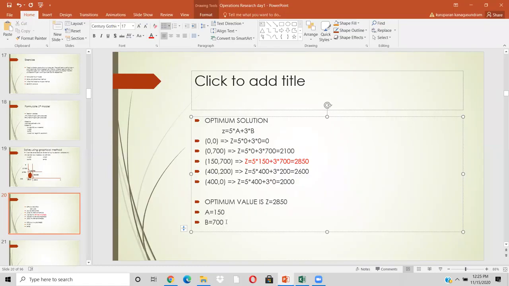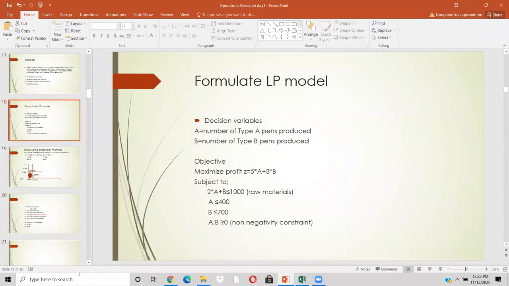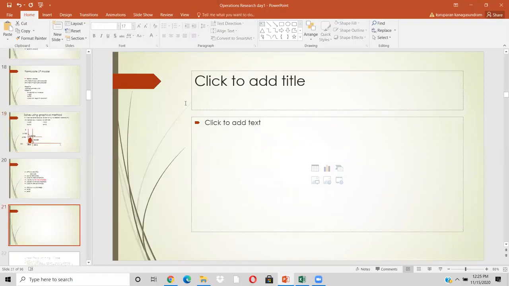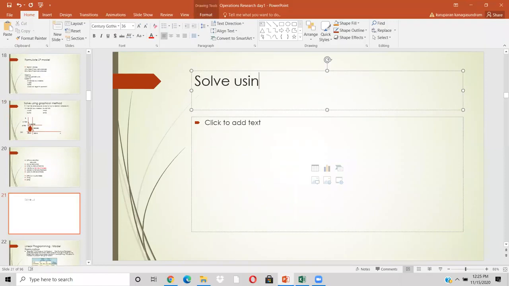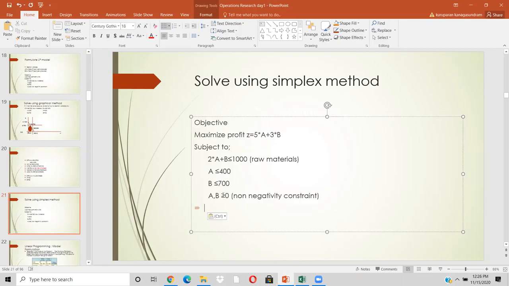Now we will look into the simplex method. Okay, how to write the simplex method, how to solve using the simplex method. So using the simplex method. Okay, fine. Here the objective is written, subject to constraints.